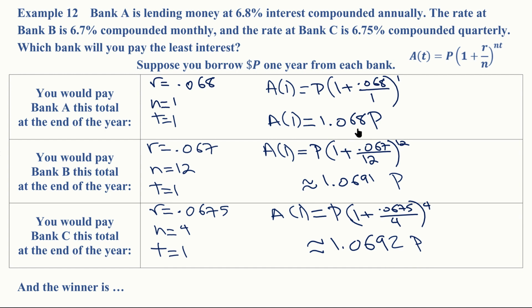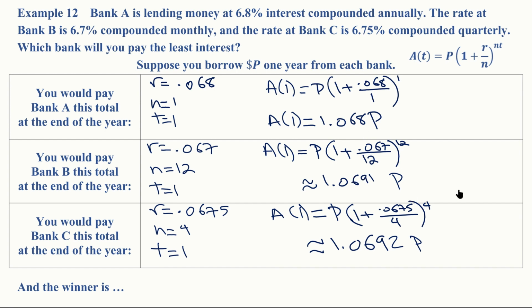That means if you're paying the least total, that means you've paid the least what? The least interest, right? So I mean, what if you wanted to know what the amount of interest is? Very easy, right? Just take that amount and subtract P from it, right? So that's just going to be 0.068P, right?